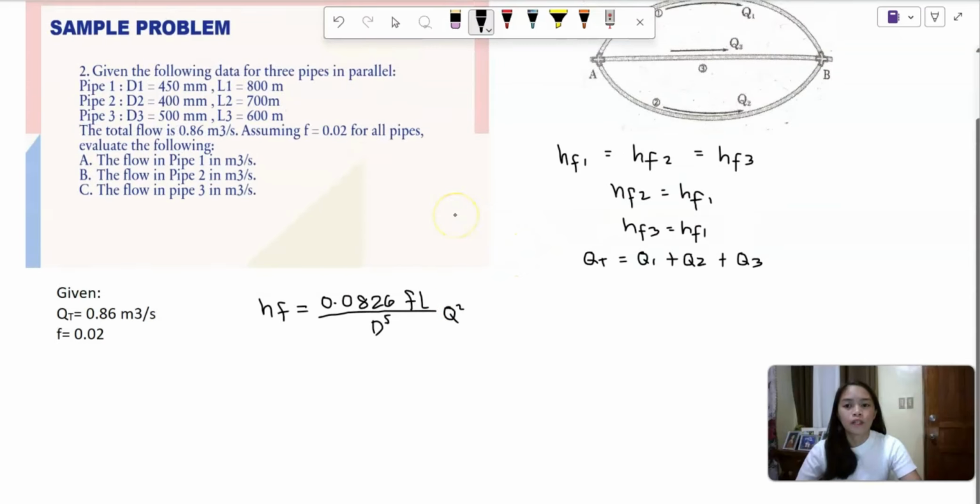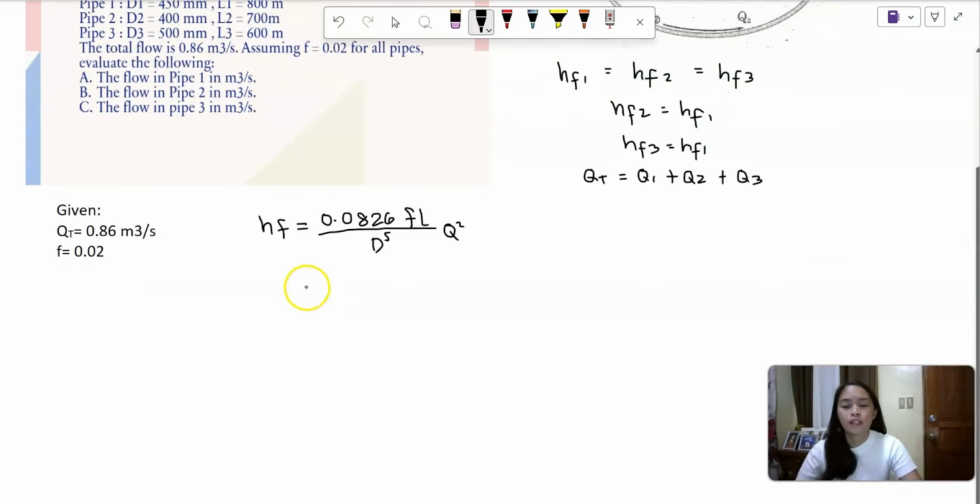Since we have a friction factor given, we will use the Darcy-Weisbach formula, which is 0.0826 FL over D raised to 5 Q squared.